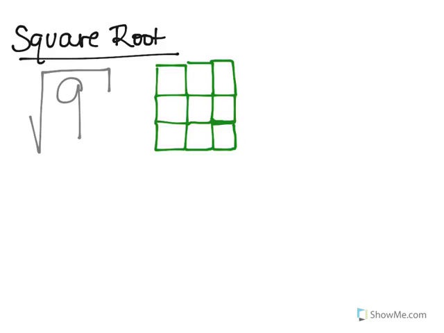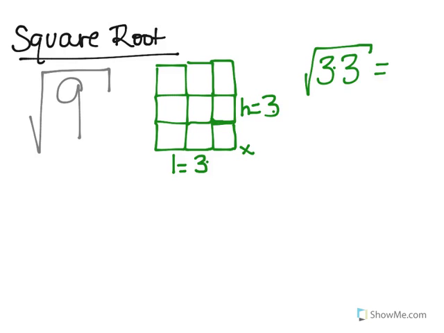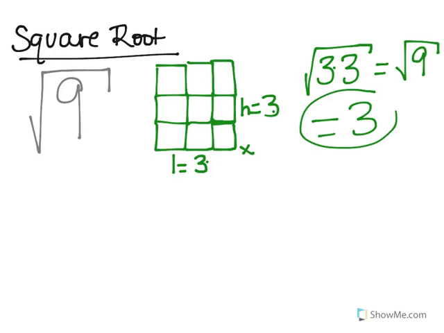My length is 3. My height is 3. So 3 times 3 is 9. So the square root of 3 times 3, which is the square root of 9, is equal to 3, because 3 is my side length.